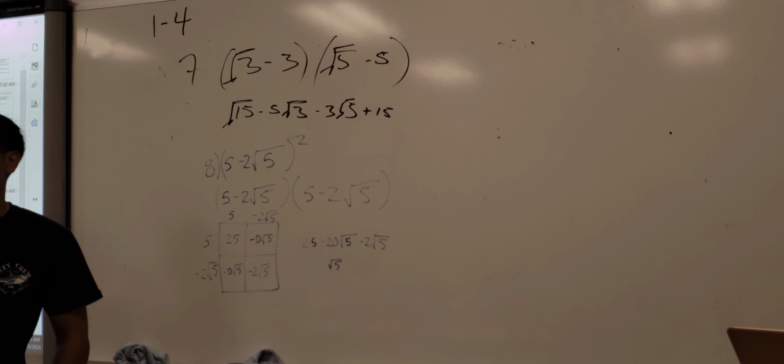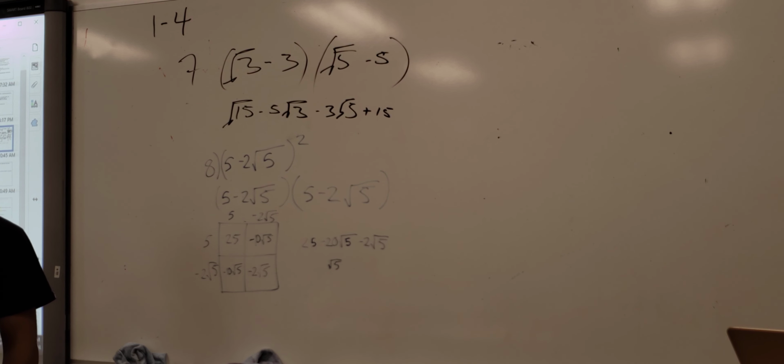I'm going to go over to his, and he's got perfect work here. You should have 25 in your first box if you're doing the box method. You need a -10 radical 5, and the diagonal is always going to be the same when your problem is a binomial squared. You might put that in your math notes. These two right here should be identical when you have a binomial squared.